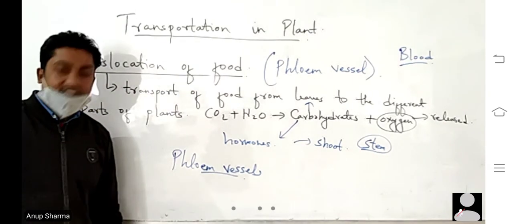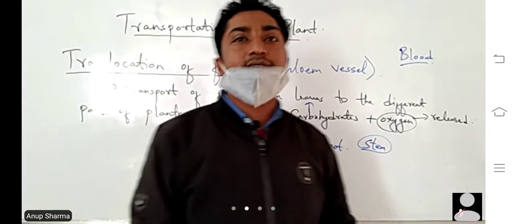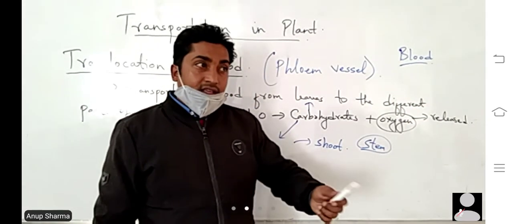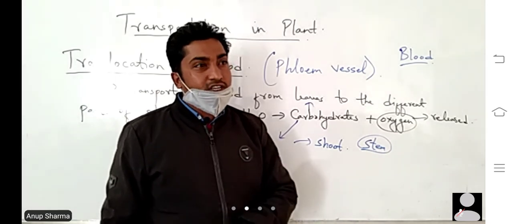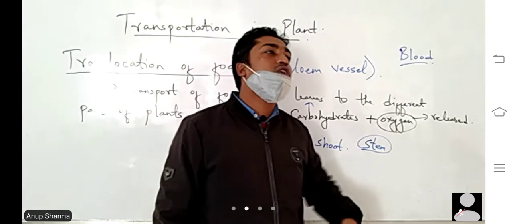In blood. The food prepared in human beings, that means in animals, gets mixed in the blood after it is digested in the small intestine, and through blood it moves throughout our body.